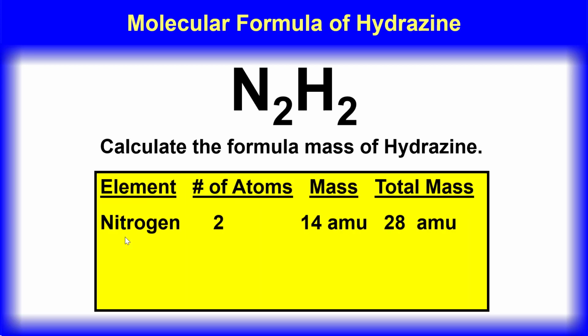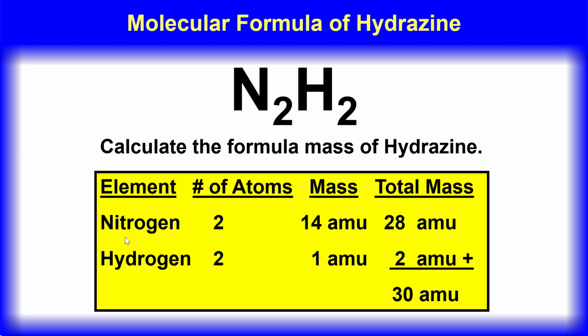Now you're going to see it in AMUs and it's the same number as if we were to find the gram formula mass in grams per mole. This is just adding up the atomic mass on the reference tables. Not the atomic number, atomic mass, sorry. So we see that it's 30 AMUs, or grams per mole.